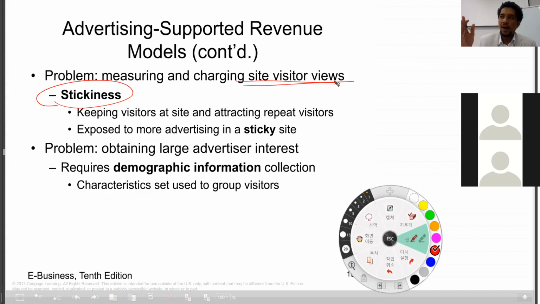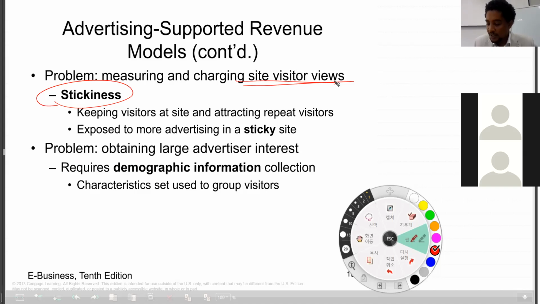So how can you calculate the amount of money that you are going to charge the company? Or let's say I viewed the same video twice, three or four times. Are you going to charge the company for every video I view or every advertisement I view, or only the first visit? Okay, so it's a little bit complicated.